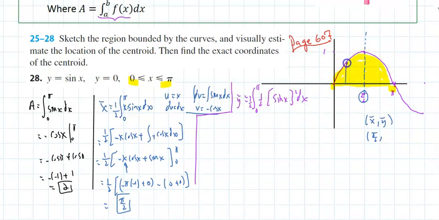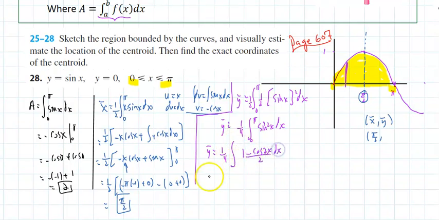And if you recall how that works again, y bar is 1/4 the integral of sine squared of x dx from 0 to pi. Isn't that 1 minus the cosine of 2x divided by 2 dx? Wouldn't that be 1/8 times x minus the sine of 2x divided by 2 evaluated from 0 to pi?